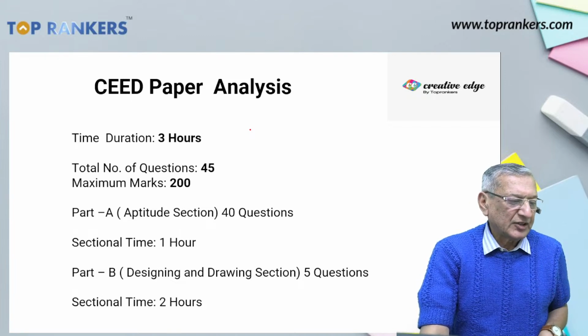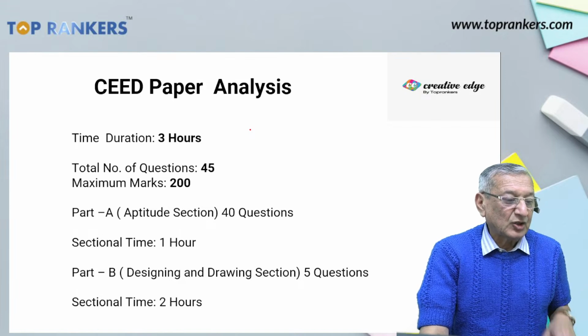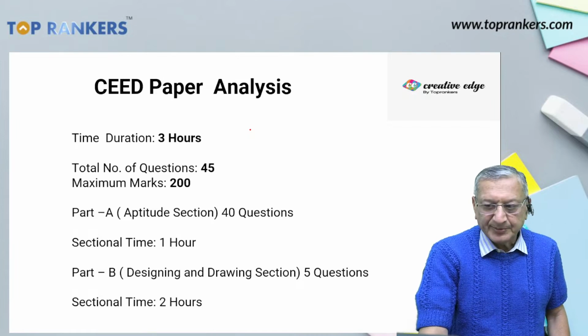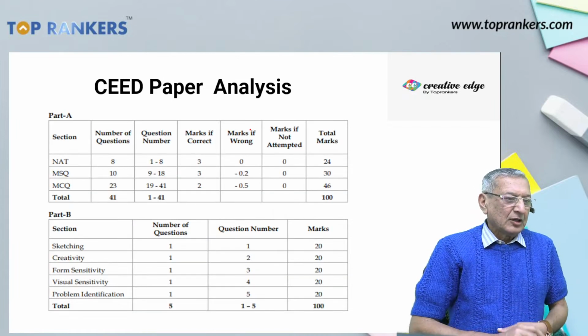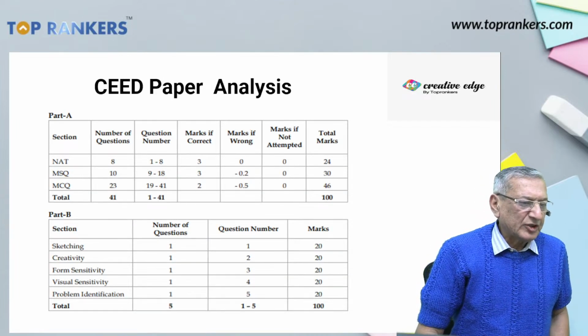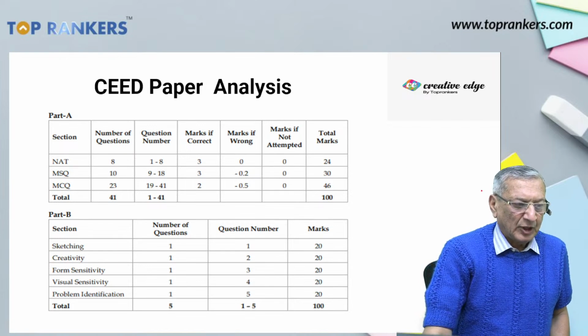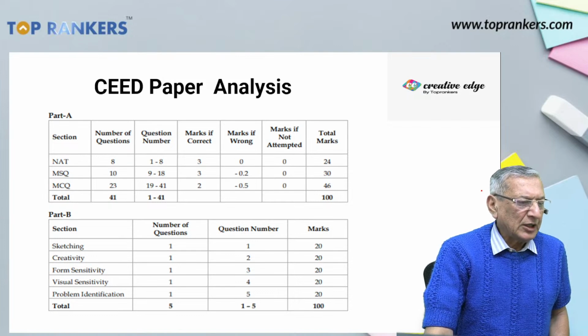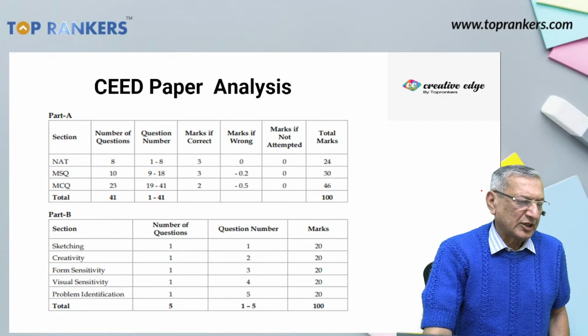And Section B, the design section, has 2 hours, but only 5 questions to answer. 100 marks are for the aptitude part and 100 marks for the creative part.